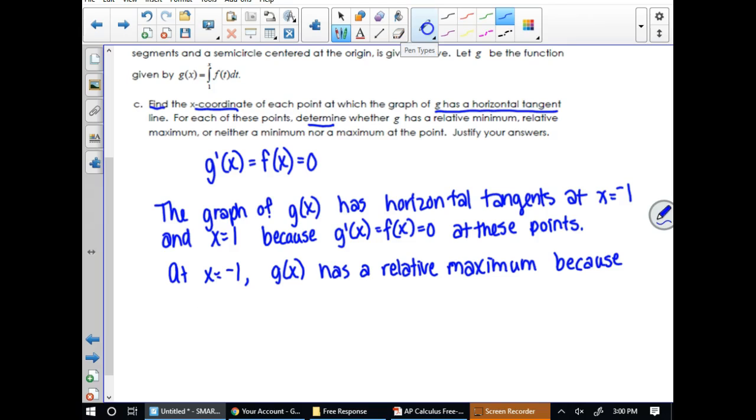I think f of x will be fine here since we've already stated that that's the same, because g prime of x switches from positive to negative.